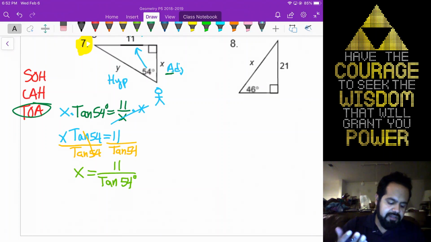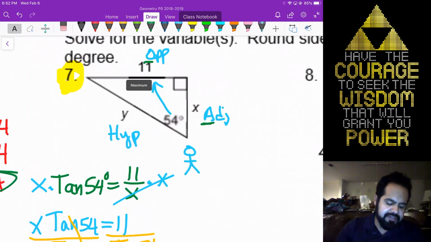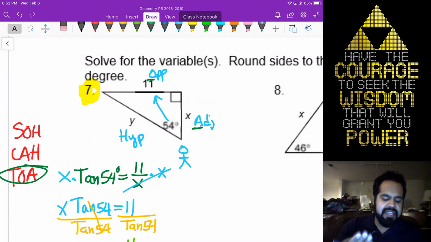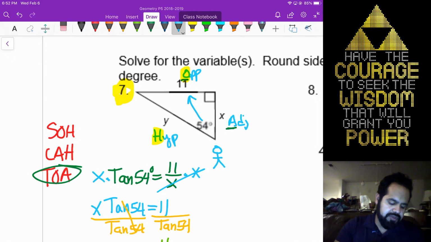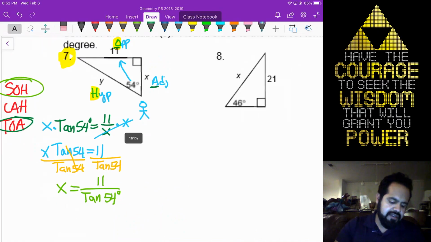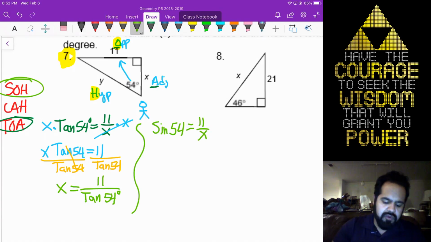Now let's look at solving for y. Y is the hypotenuse, and the only information I was given was that 11. So I'm dealing with the opposite and the hypotenuse. So that's going to be sine. So we're going to do another trig here. We're going to do sine of 54 equals 11 over y. Work our way through that, times y.